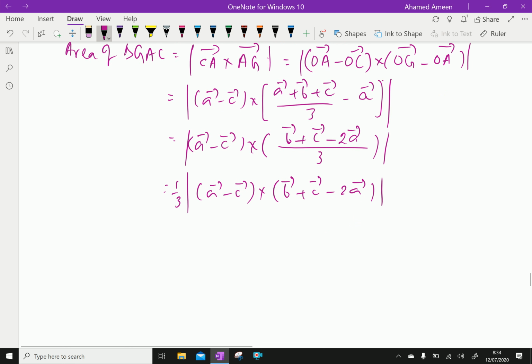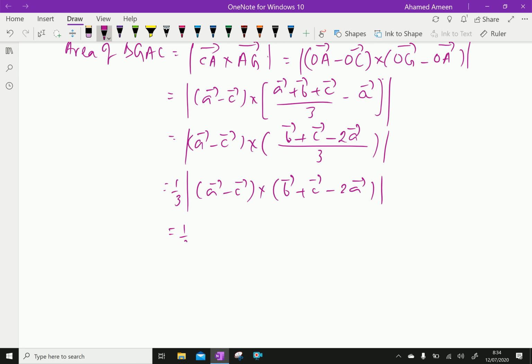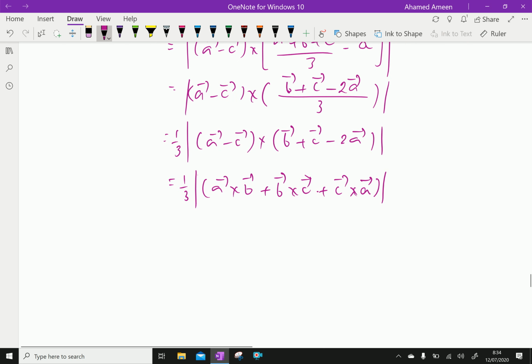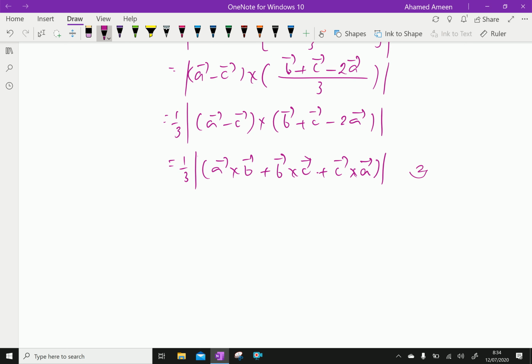Like the previous multiplication, we get the result A cross B plus B cross C plus C cross A, like previous we got. Now this is 2.